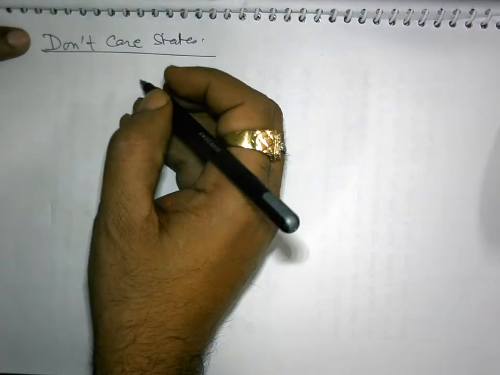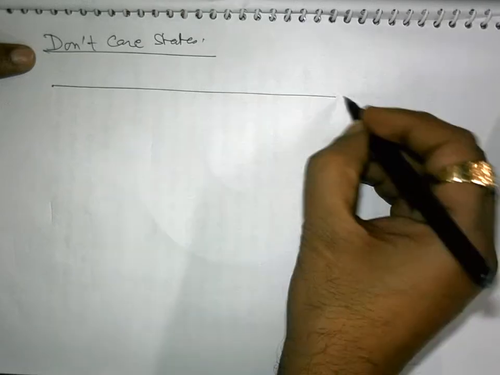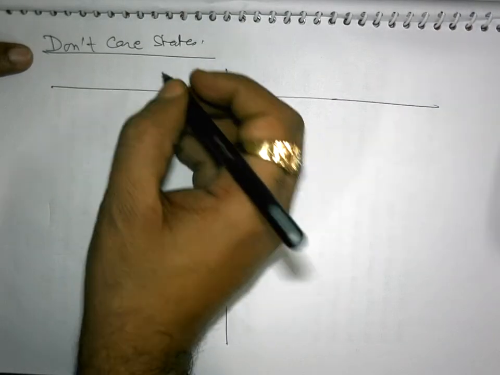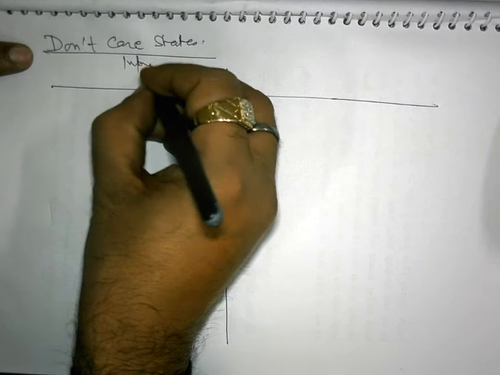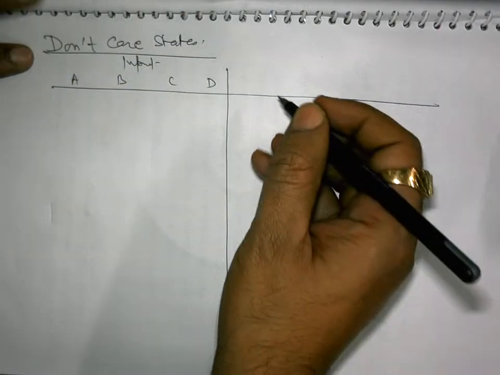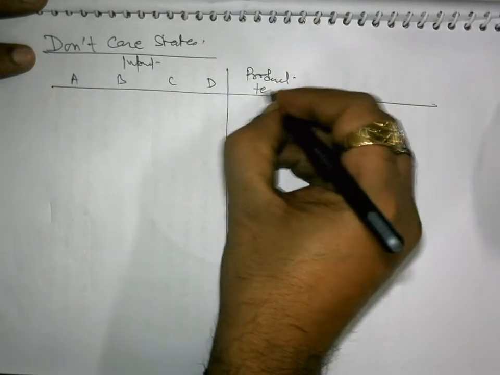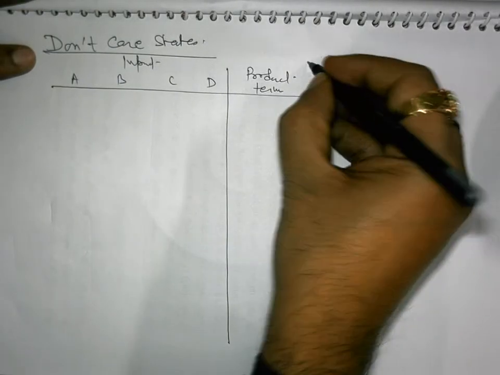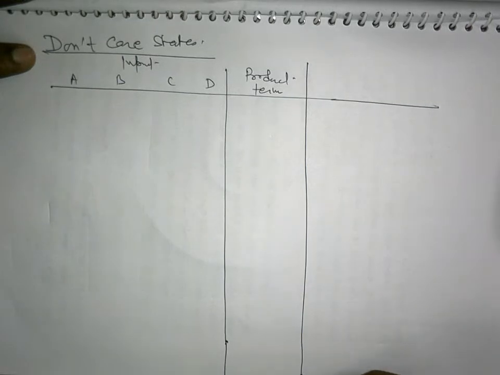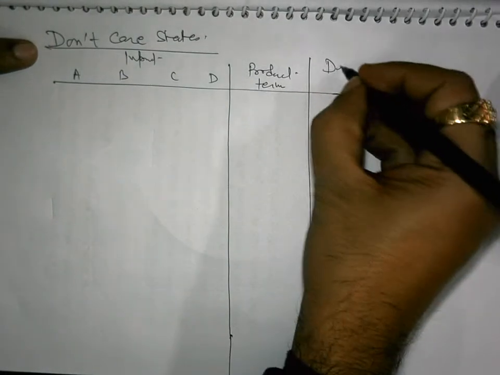What will happen? Suppose I put the input as A, B, C, D, and I write the product terms and I write the decimal numbers.